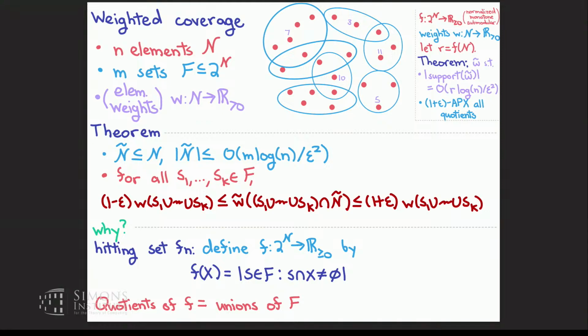But one thing kind of fun is, one way to see this, well, one way is you can reduce to hypergraphs, but another way is you can look at this hitting set function where for a set of points, I look at the family of sets that cover at least one point, and out comes the quotients. Because I got it backwards. I originally thought, oh, coverage is submodular, so it'll be a function of the sets, but actually it's the hitting set of the points.